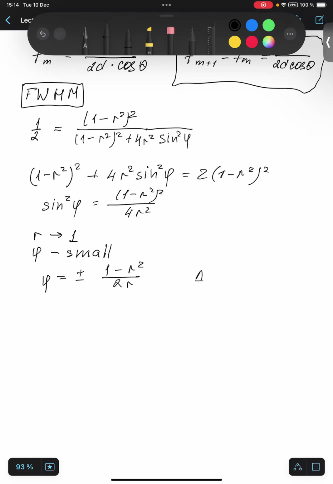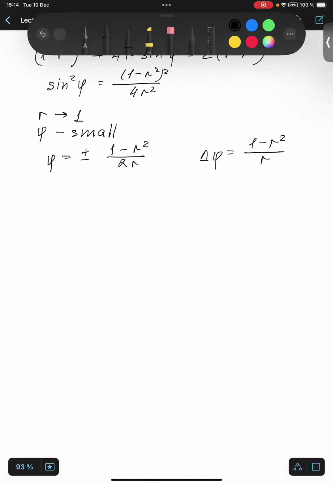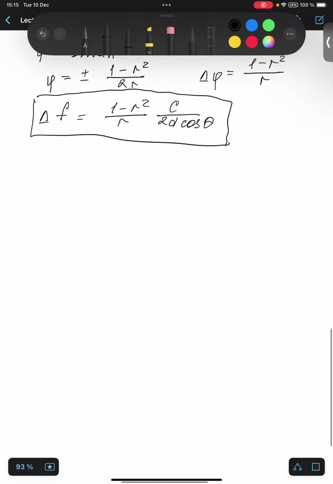We want to find the width, so delta phi equals 1 minus r squared divided by r. Again, it is more convenient to consider it in the frequency domain. So in the frequency domain we obtain the expression for the full width at half maximum.